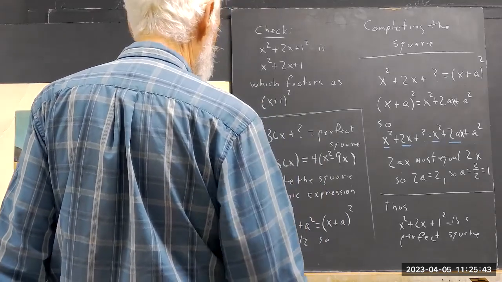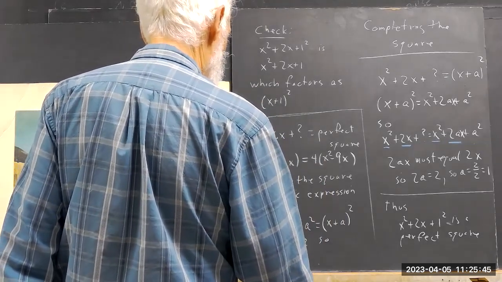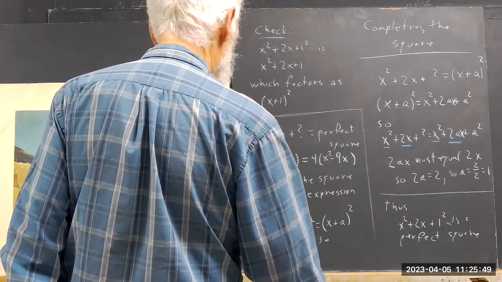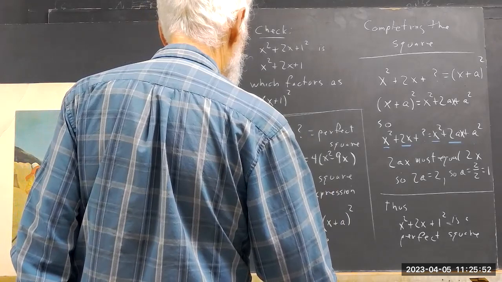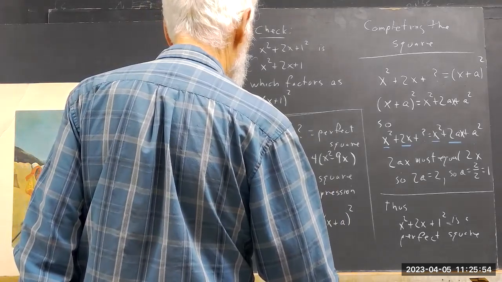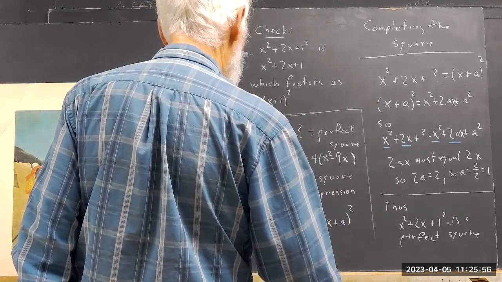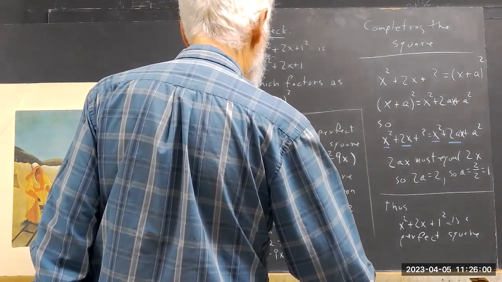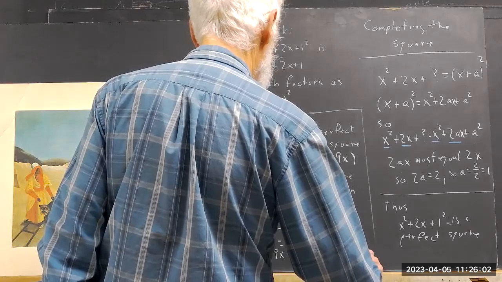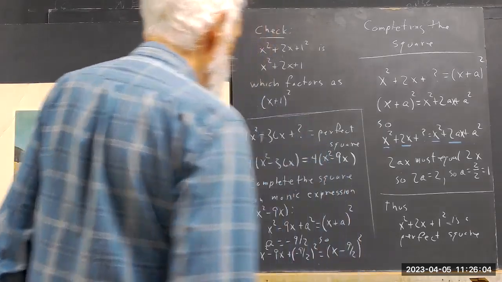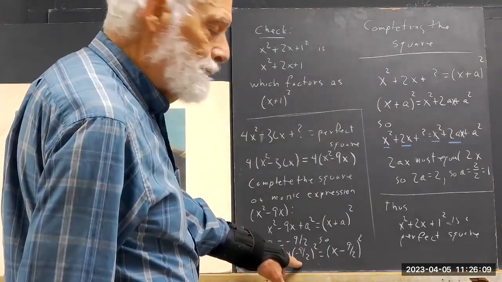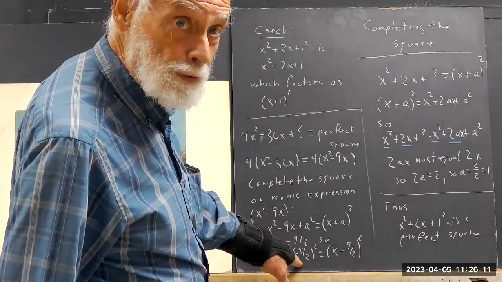I'm running out of room here. Well, yeah. We have this, so 9 halves squared is 81 over 4.